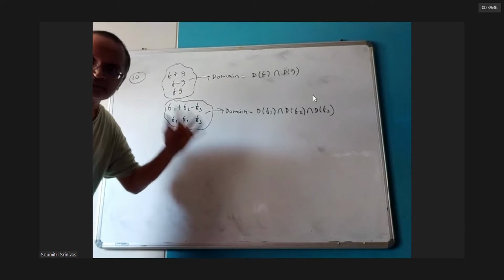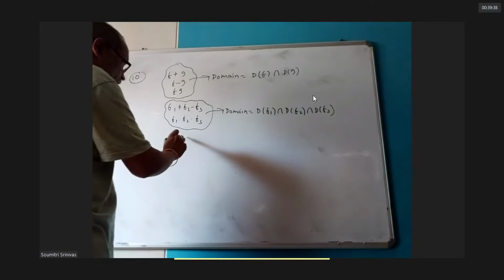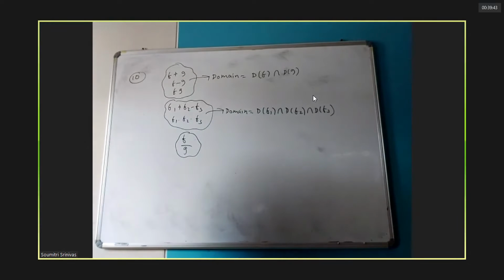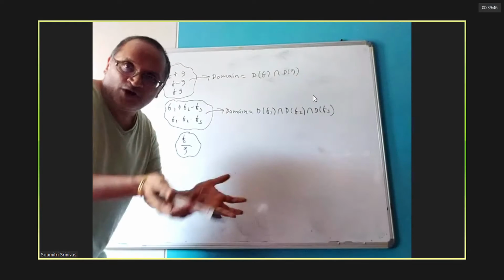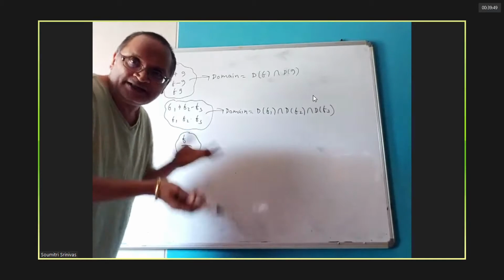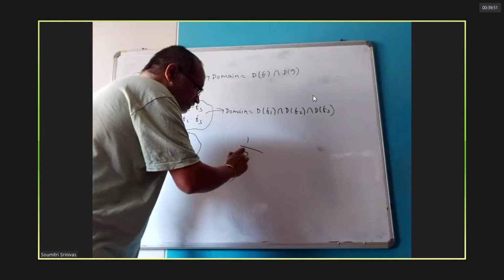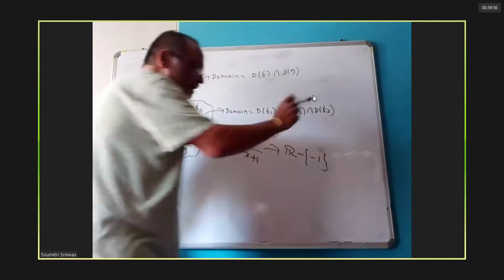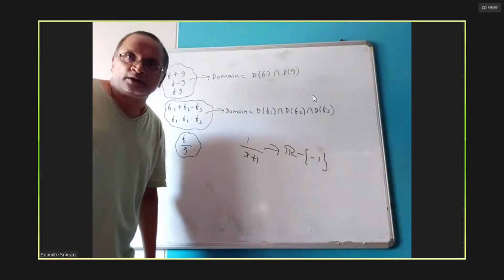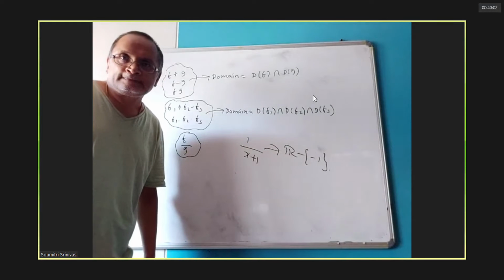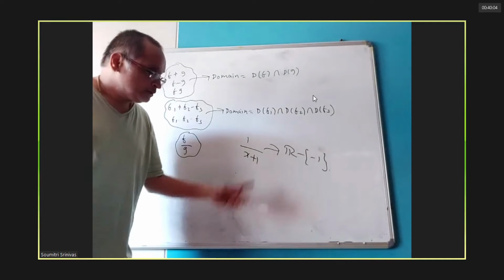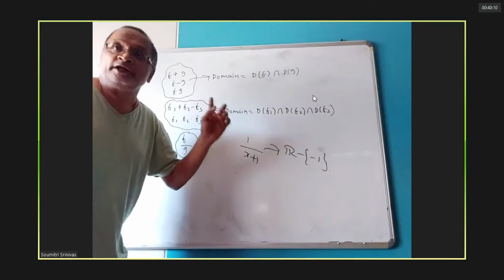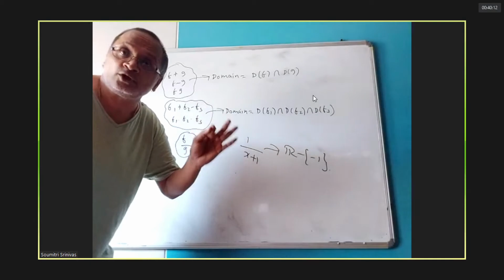Next, if you are looking at f by g, what we did so far is the same. 1 by x plus 1, what was the domain? All real numbers except -1. Domain of numerator intersection domain of denominator. Any points where the denominator becomes 0?